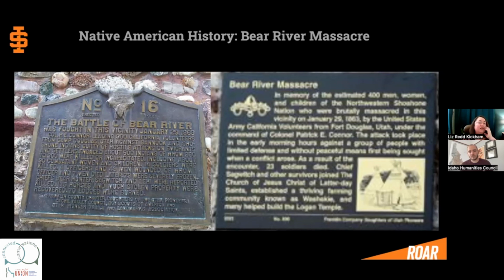So if we look at this, it's getting more challenging for me to read it, but it does list that 23 soldiers died, and it does frame the members of the Church of Jesus Christ of Latter-day Saints as people who helped eventually, but it frames the Native people as a sovereign nation. It says, oh, we're commemorating them, and it talks about this as a massacre. So it is an improvement for people who go to visit this site.